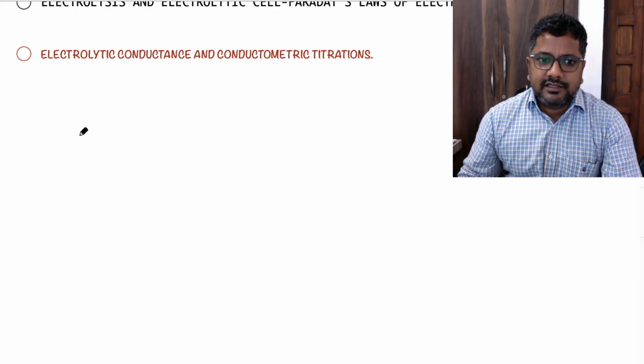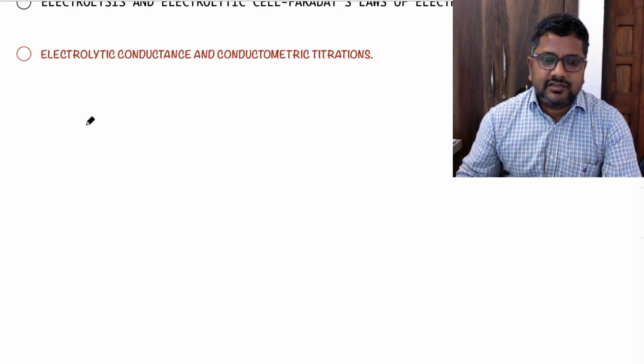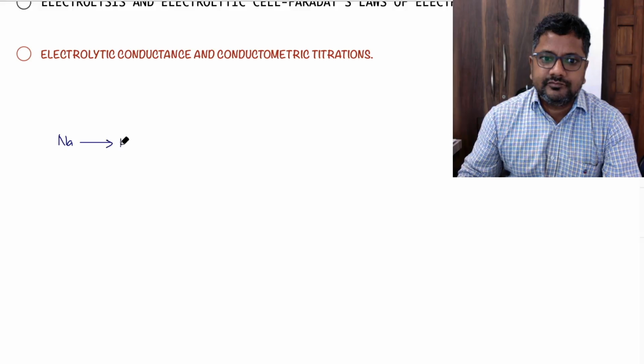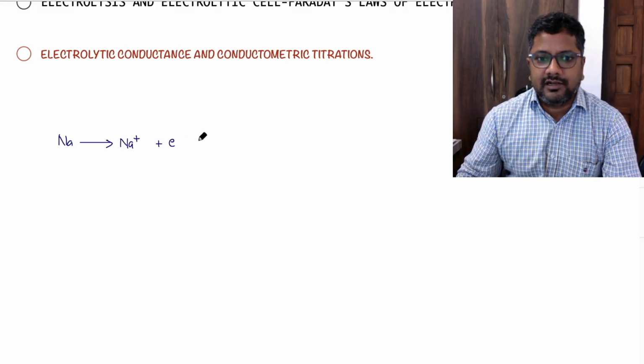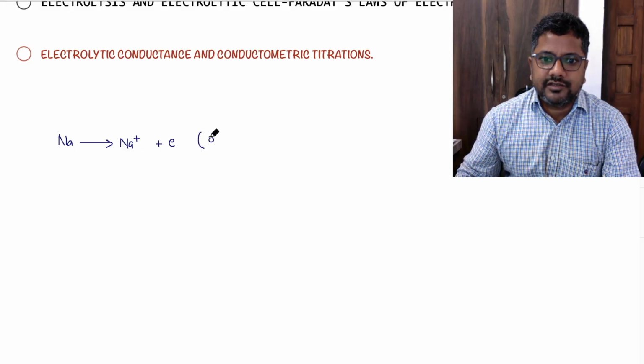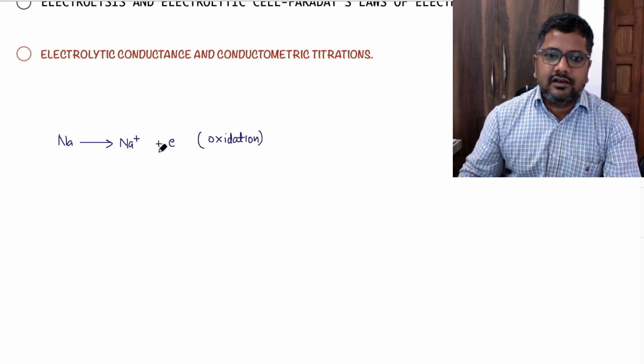Suppose that you have a reaction like Na gives Na+ plus electron. As per one classification of chemical reactions, this reaction is called an oxidation reaction, because there is a loss of electron.